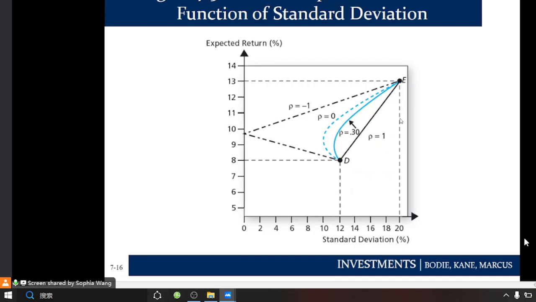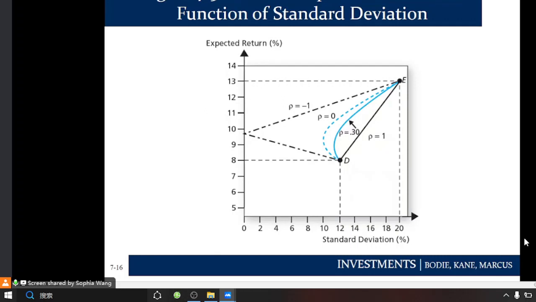And now the problem is, which point is the best one? If you want to determine the best point of the assets, the combination, how to determine the best proportion of the combination, like stock A, B, C. Now we only have stock A and B because this is the simplest example.